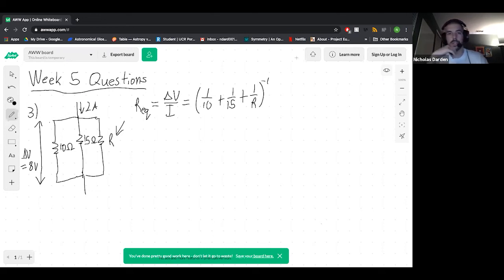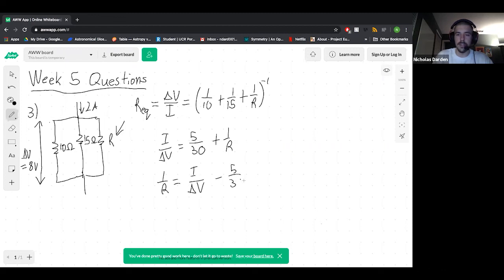So now we just need to start solving for this 1 over R. First, just take the inverse of both sides. I'm going to have I over delta V. And then combining 1 over 10 and 1 over 15 is going to give me 5 over 30 plus 1 over R. Now I want to keep solving for R. So I'm going to have I over delta V minus 5 over 30.